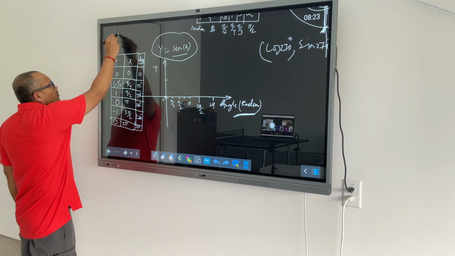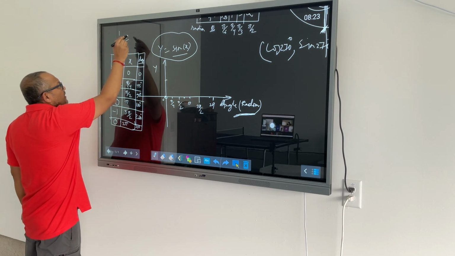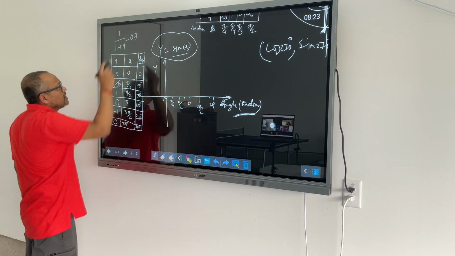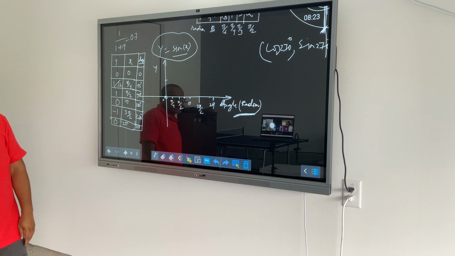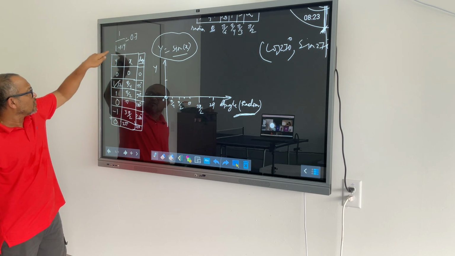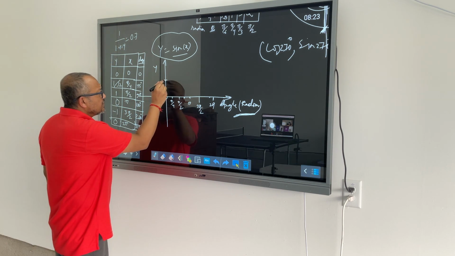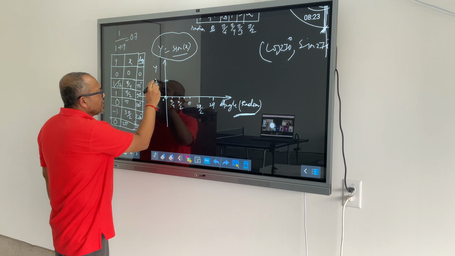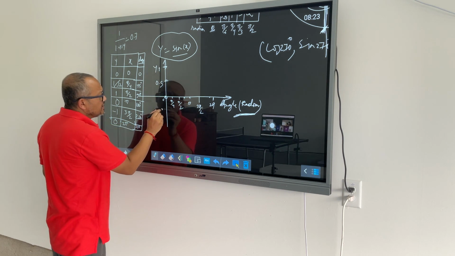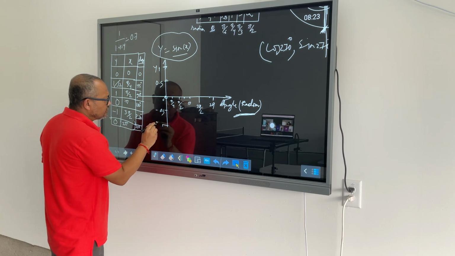Root 2 is around 1.414, if I am not wrong. So 1 over 1.414 is approximately 0.7. So I'll just do some rounding. So let's say this is 0.5 and this is 1. Here it is minus 0.5 and here it is minus 1.